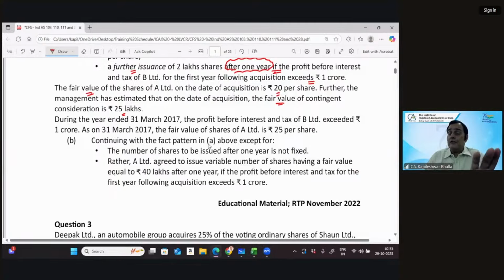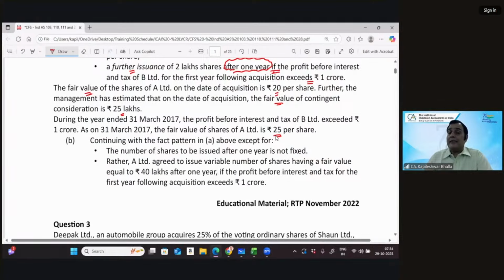This is the information given as far as the acquisition date is concerned. Then he says during the year ended 17, the profit of B Limited exceeded 1 crore. The condition is met. As on 31st March, the fair value of the share is now 25 per share. In part B, continuing the above pattern in A, except the number of shares to be issued after 1 year is not fixed.